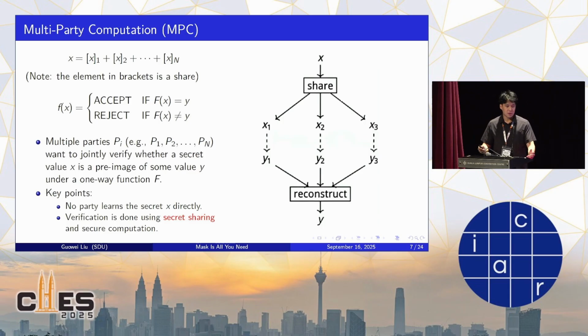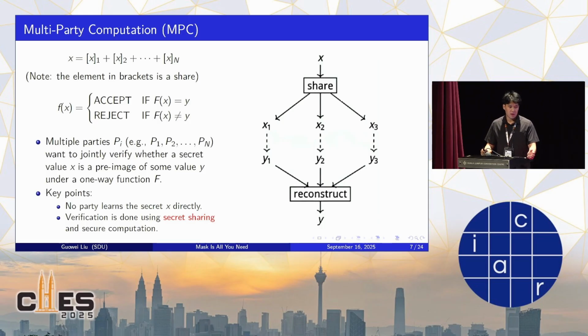In the MPC view, the element x is split among n parties, like this: x equals x[1] plus up to x[n]. We should note that an element in brackets is an MPC share.